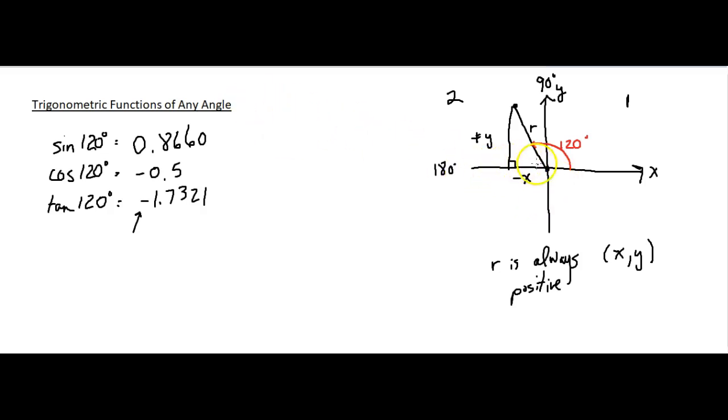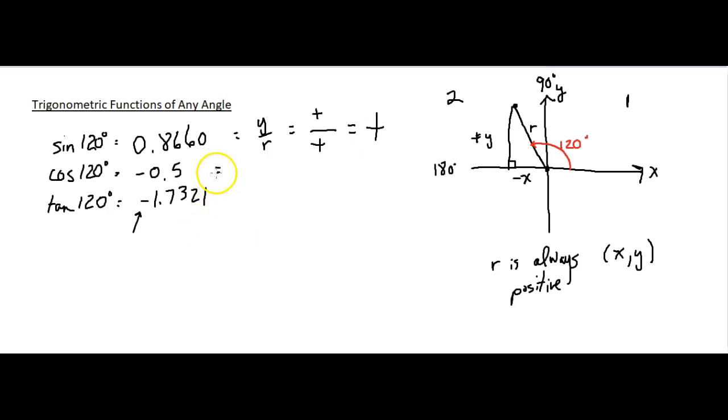If I make a ratio of any of the x values in this quadrant with the y values up here, and a positive r value, let's look at that. Well, sine is y over r. In this quadrant, y is always positive, r is always positive. We will receive a positive value.